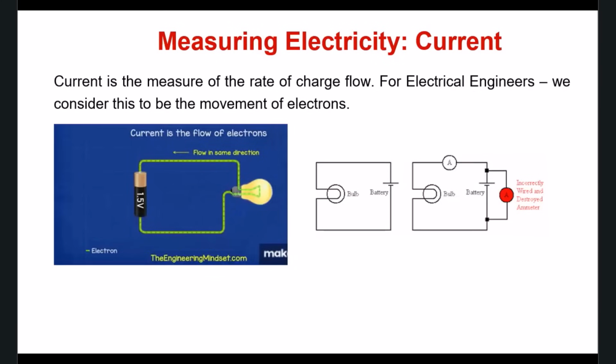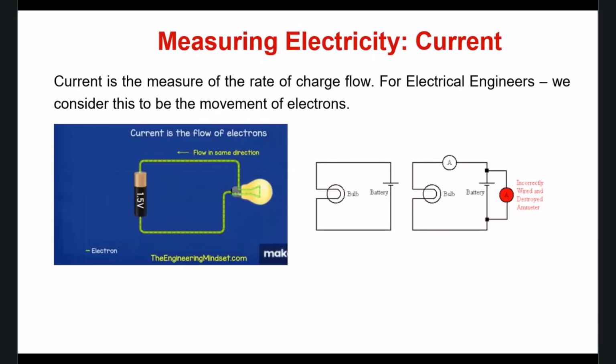That moving particle is called electrons, and when we apply some resistance in the circuit, also the voltage is applied, some amount of current will flow in the circuit. So the current is flowing in the circuit, and accordingly the bulb is glowing.